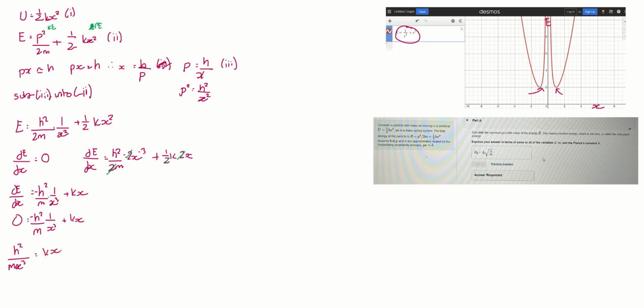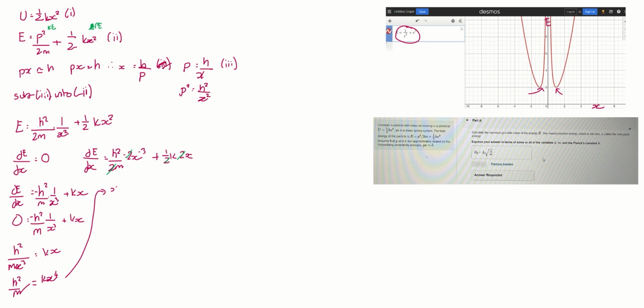So if we just divide through, well, what can we do here? I'll tell you what we're going to do here. We're going to multiply everything by x cubed. So we end up with h squared over m equals kx to the 4, and we rearrange it again.